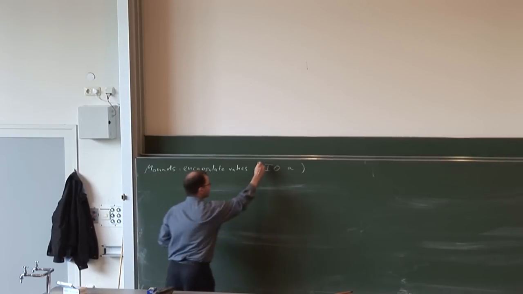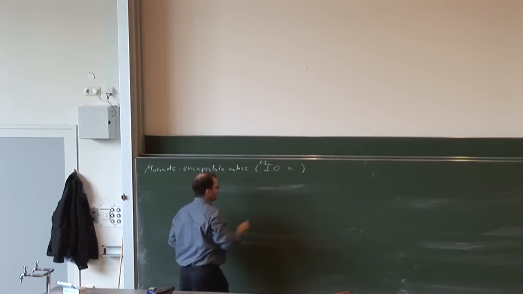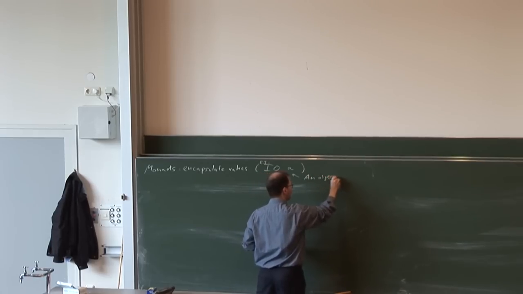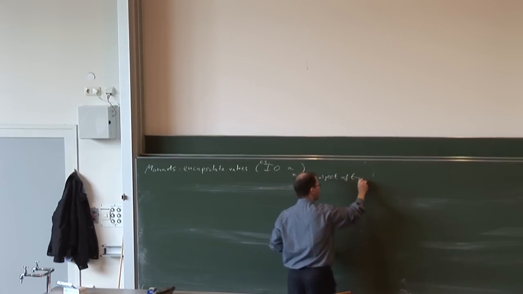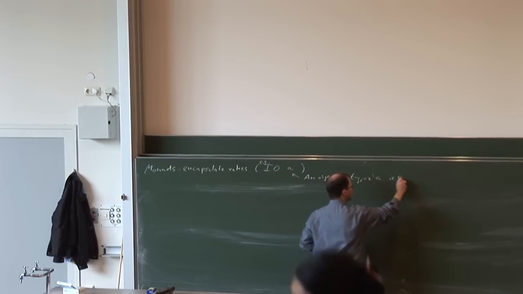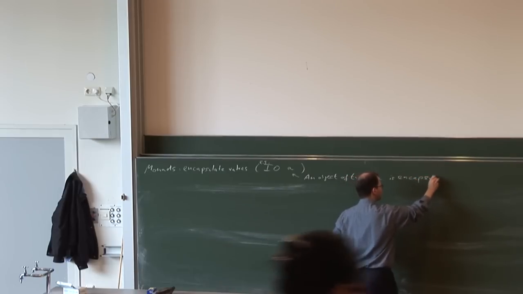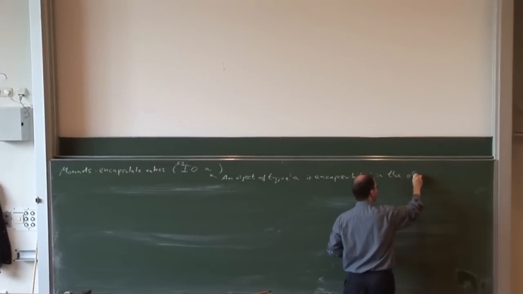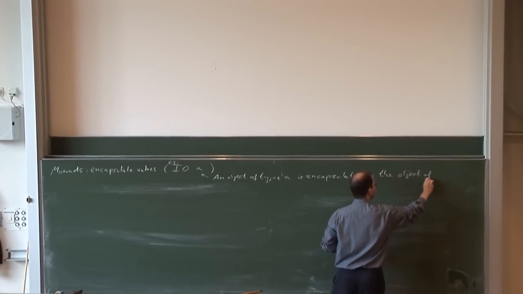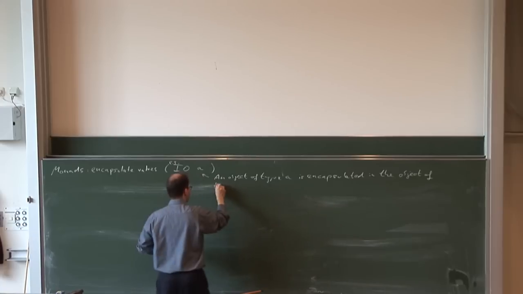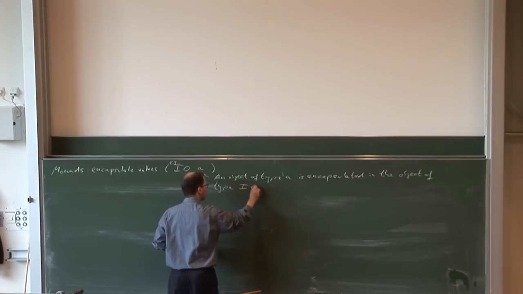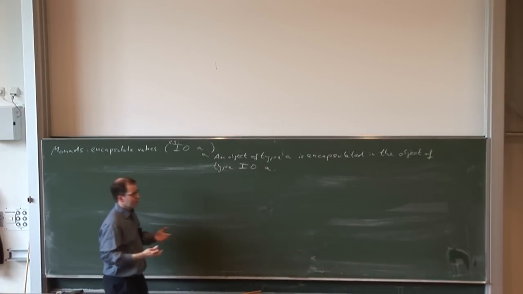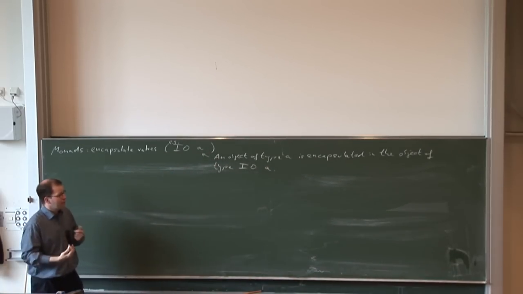So for example, here, an object of type A is encapsulated in the object of the type IO A, and you can only access this object with certain predefined operations, but you cannot just take it out.